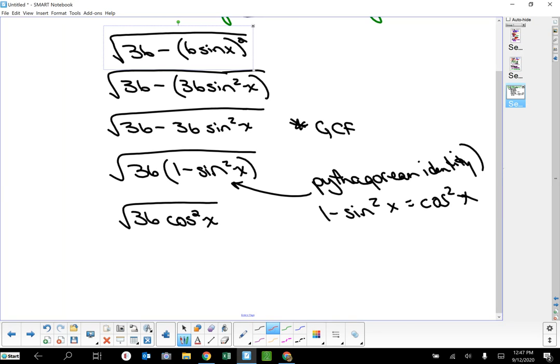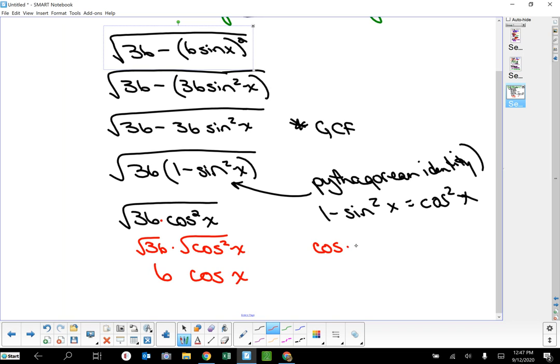And now if you take the root of that, well, because they're multiplied together, the root of this is the root of 36 times the root of cosine squared. Well, the root of 36 is 6, and the root of cosine squared is cosine. And because of this, you don't really know if this is a positive cosine or a negative cosine, right? And this is true.